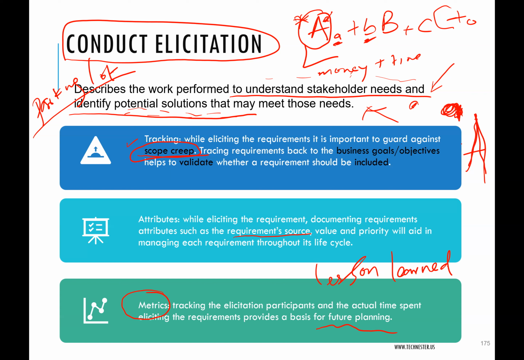For everything a BA is doing, they keep a record of lessons learned after the event, so that next time they can do better. So they will use metrics here to track how many participants attended, how much time did we spend, how many questions were we able to cover, what went wrong, what went right, what should we do even more of, and what should we reduce, right?